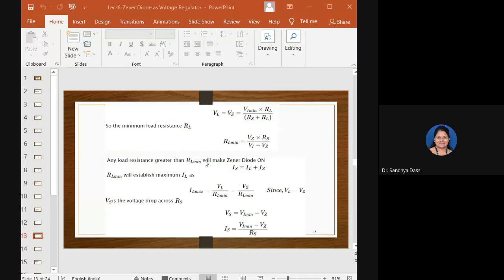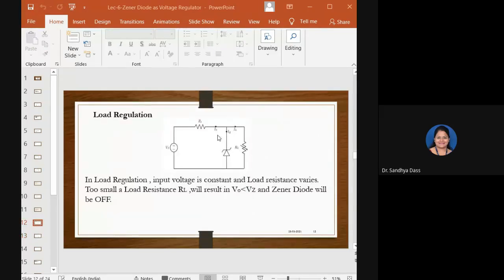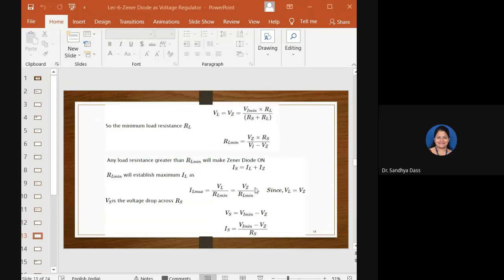Okay. So this value should be above the minimum value, which can be derived from the above equation. All right. So from the equation here again, according to Kirchhoff current law, IS is equal to IZ plus IL.